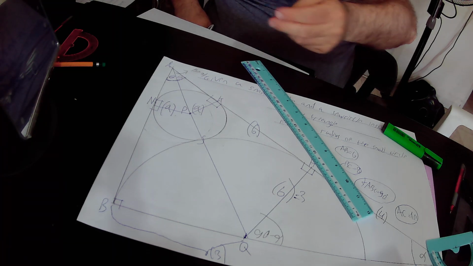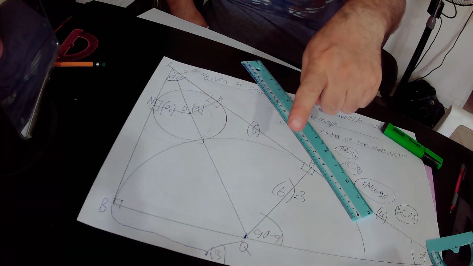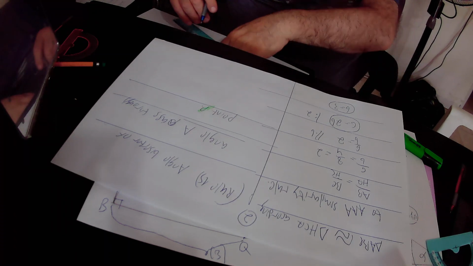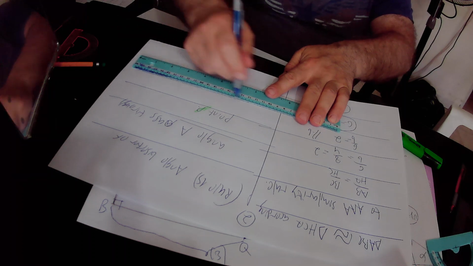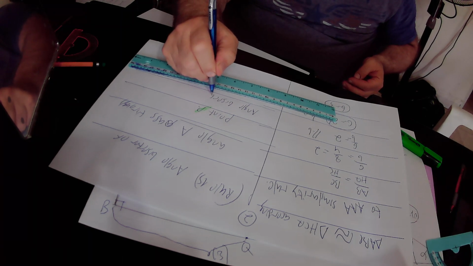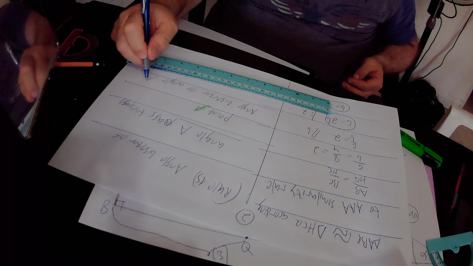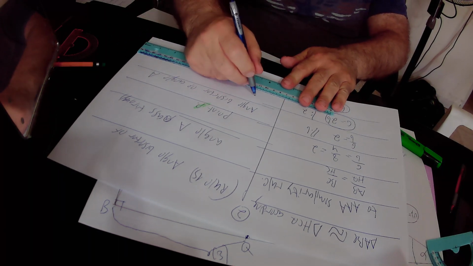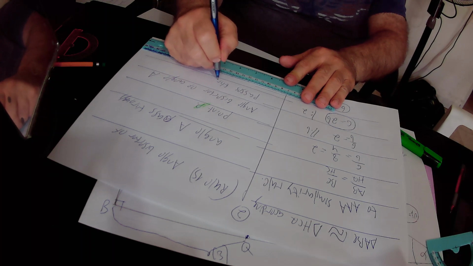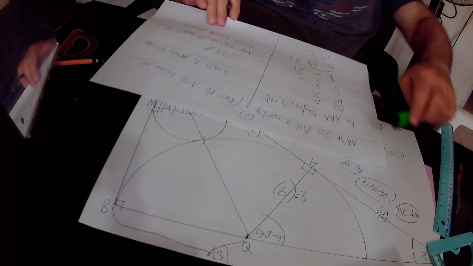So in conclusion, we can write down that the angle bisector of the same angle A passes through point Q, that is the center of the semicircle.